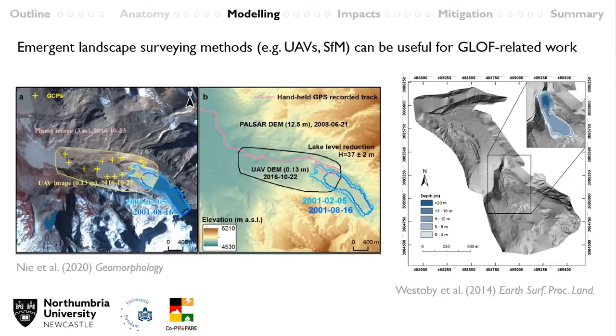and the quality of the data that you can get using these methods from a topographic perspective is excellent. I suppose this should be set against the context of improvements in satellite remote sensing data and the quality and the resolution, both spatial and temporal, of those data sources.